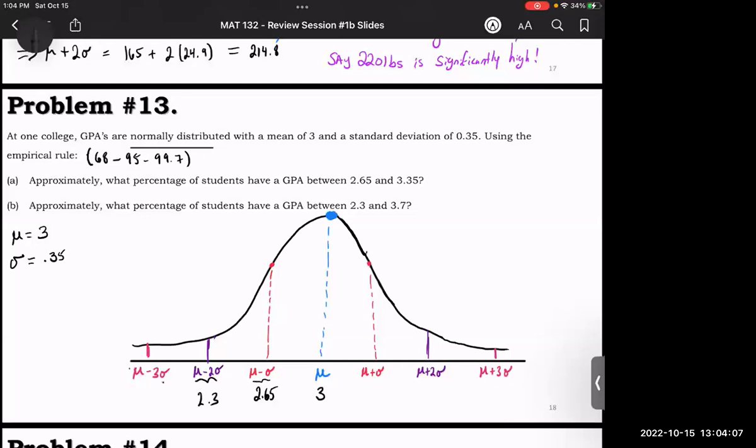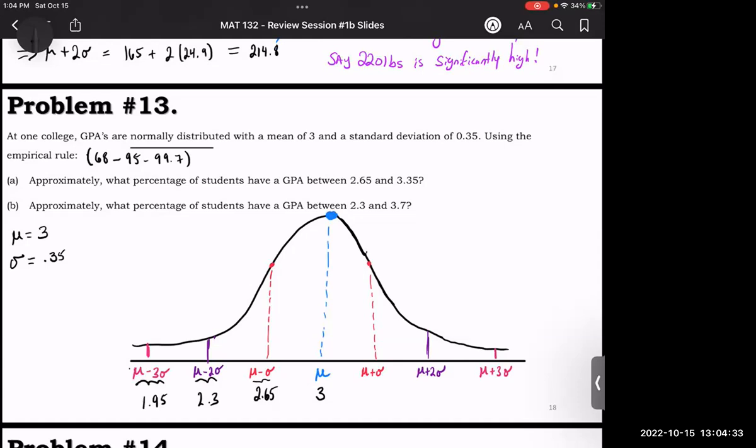And if I subtract another multiple of 0.35, what would the last value be? 1.95. So 1.95 indicates that we're 3 standard deviations below the mean, 2.3 indicates 2 standard deviations below the mean, and 2.65 indicates 1 standard deviation below the mean.